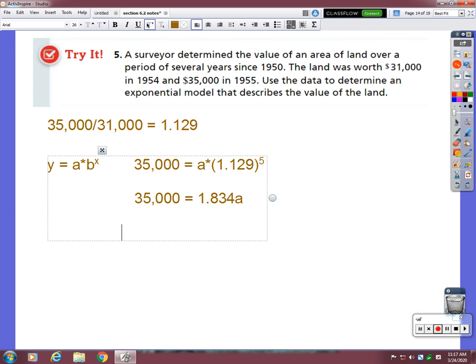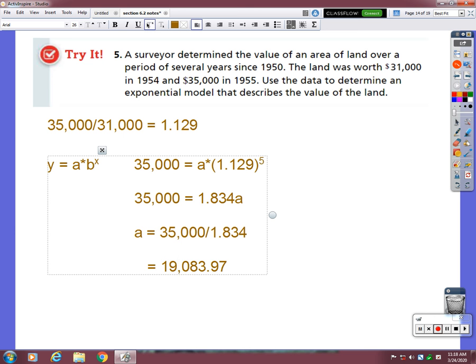So that means that a equals 35,000 divided by 1.834, which is 19,083.97.